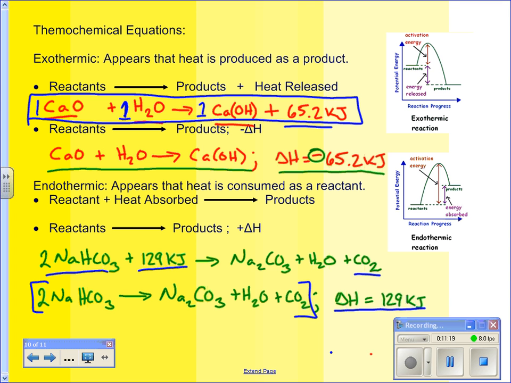We could look at this one down here: 2 moles of baking soda plus 129 kilojoules of energy will produce 1 mole of sodium carbonate, 1 mole of water, and 1 mole of carbon dioxide. So we read this just like we did in our basic stoichiometry unit, where energy becomes part of our ingredients or part of our produced product in this case.